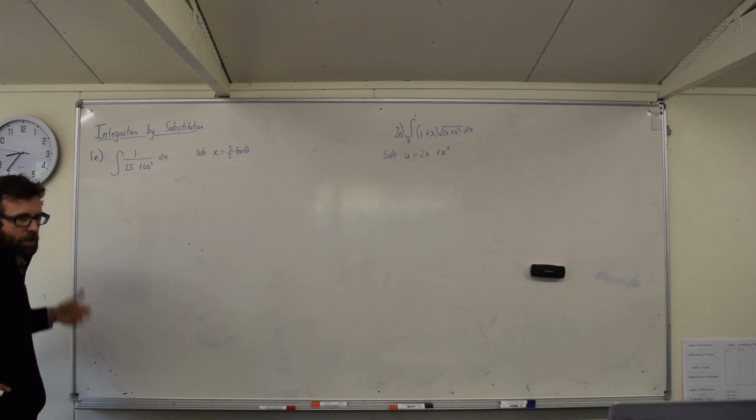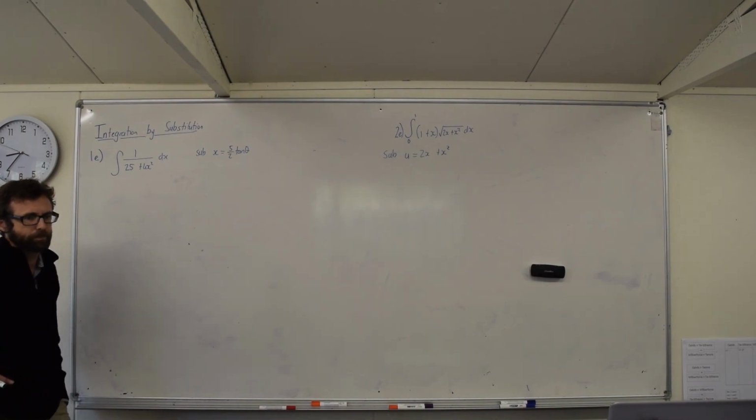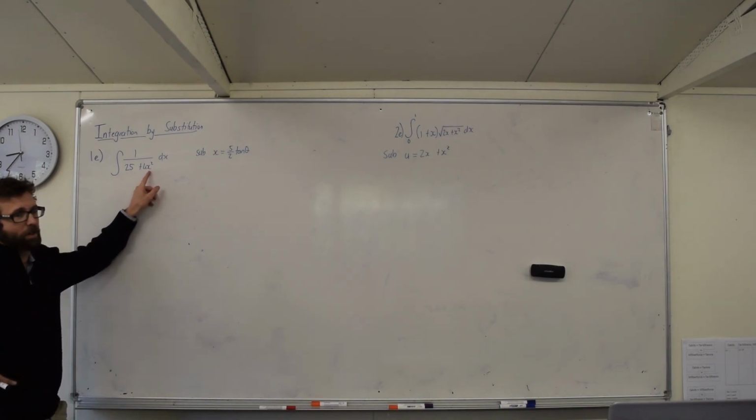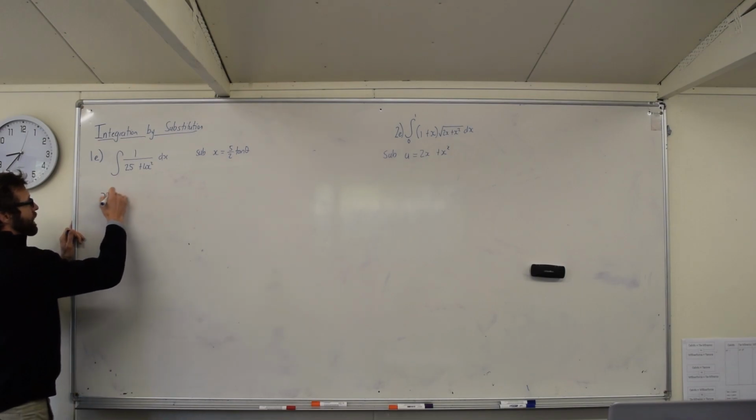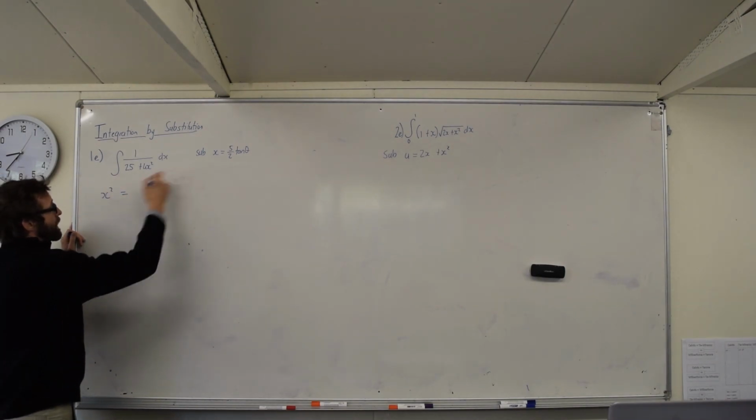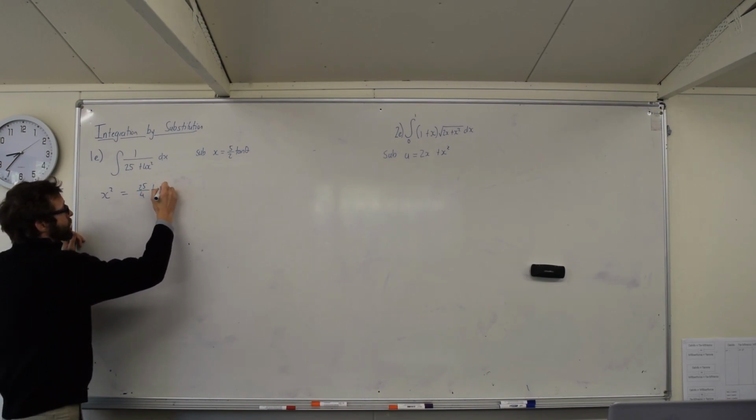Okay, who's got an idea of what we can do first? Could we substitute this somehow? Yeah, so we could say, well, x squared must be 25 over 4 tan squared theta.